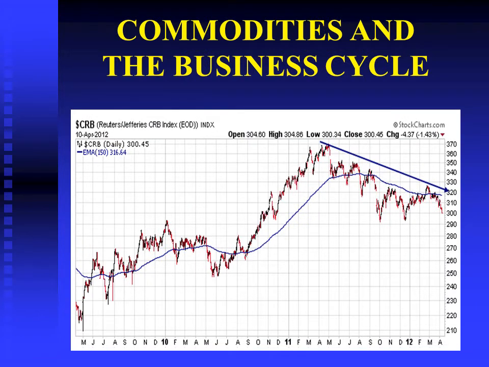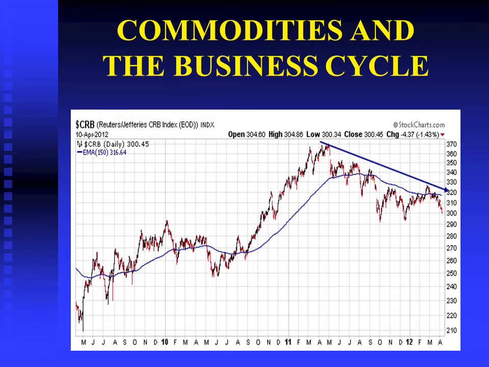This is the chart of the CRB, the commodity index. This one includes oil and gold. Notice how beginning in early 2011, actually around February, March of 2011, the CRB index has been heading lower. Why?